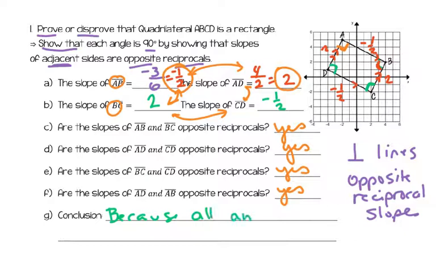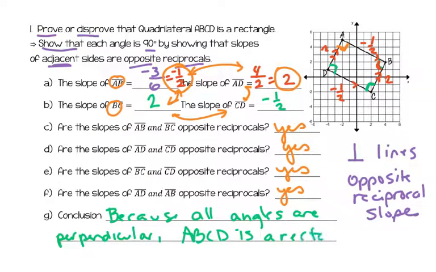You can't just say it's a rectangle, so you have to say why you're making the conclusion. So give a little background for that, and then you can say that ABCD is a rectangle. So you don't just say just the rectangle part.